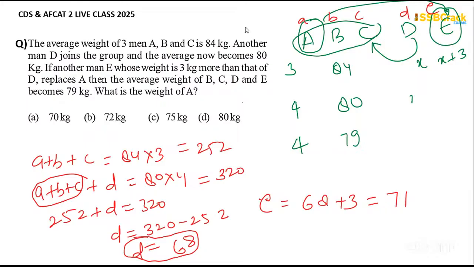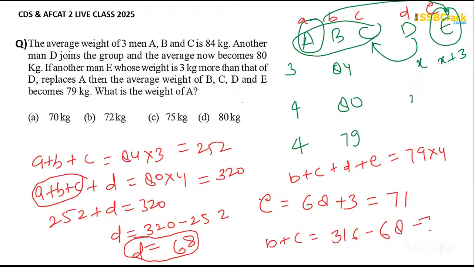Now we have B plus C plus D plus E as 79 into 4 again, because their average is 79. Now B plus C will be 79 into 4, which is 316, minus 68 minus 71, which is 177.